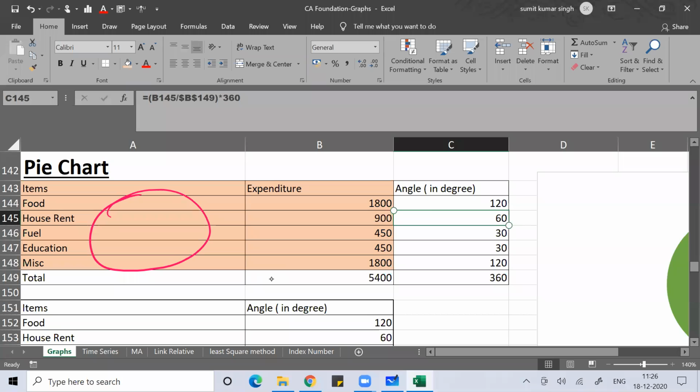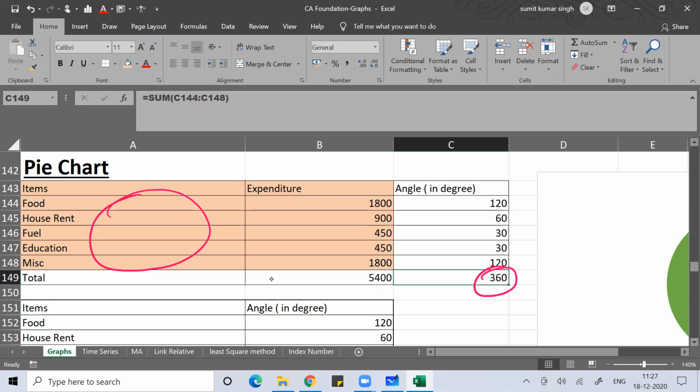So you can find the angles this way, and the total angle would be 360 degrees.